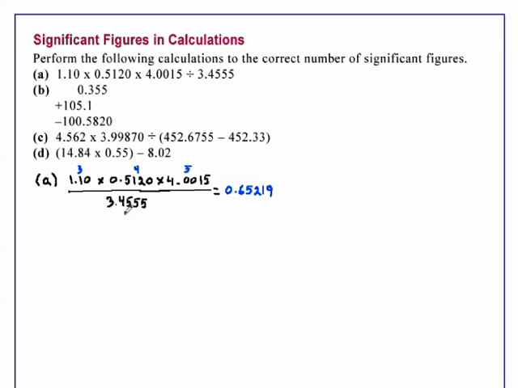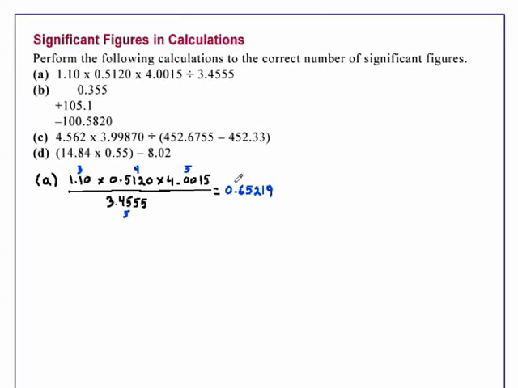Applying the rules for multiplying or dividing, we know that our final answer should have the number of significant figures equivalent to the smallest of those in the calculation. So we have 5, 5, 4, and 3.